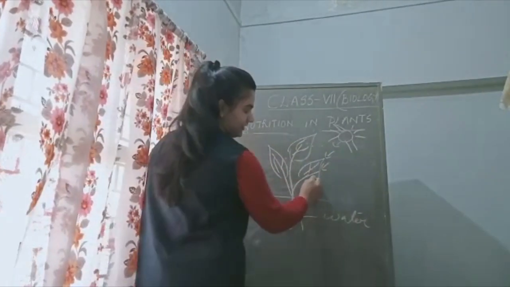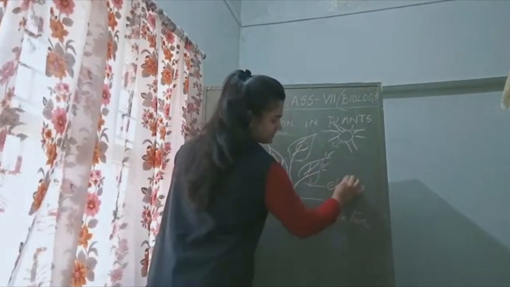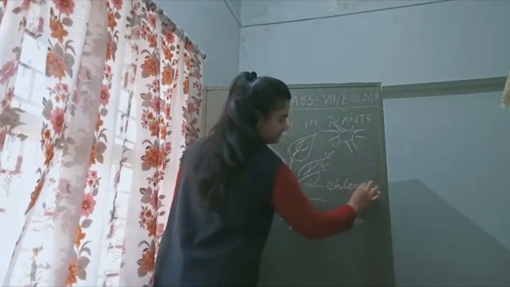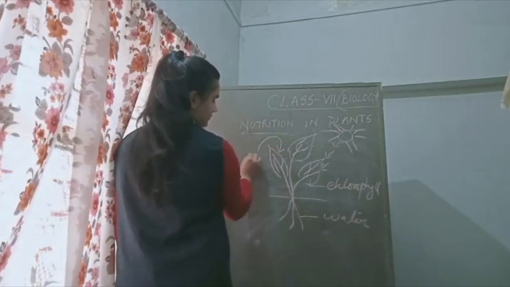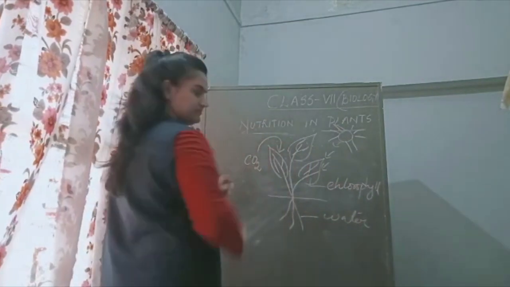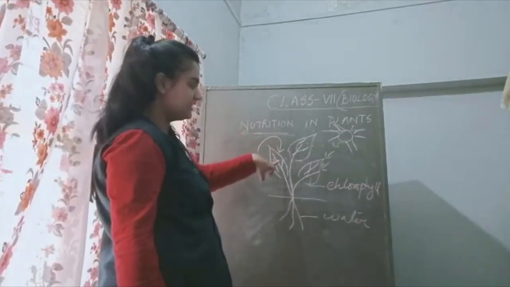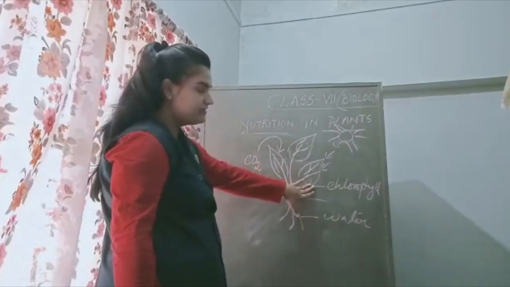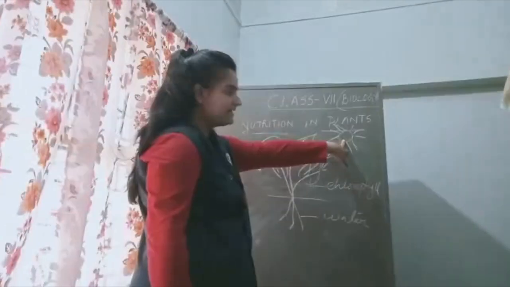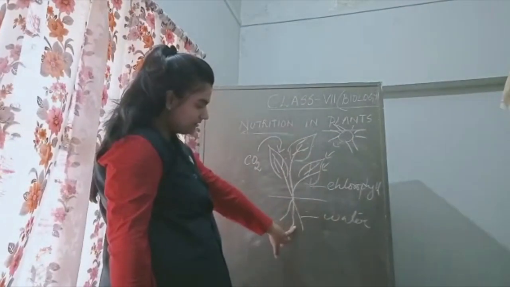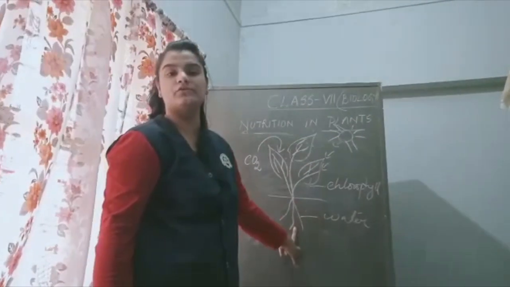The leaves are already green because of the presence of the pigment chlorophyll. And carbon dioxide is taken in from the atmosphere.